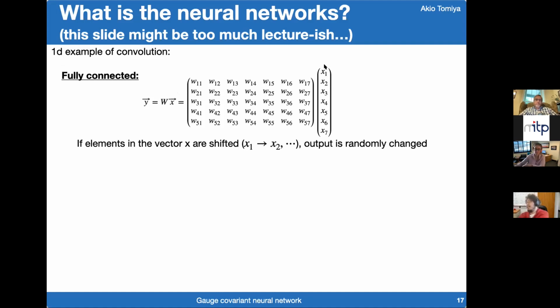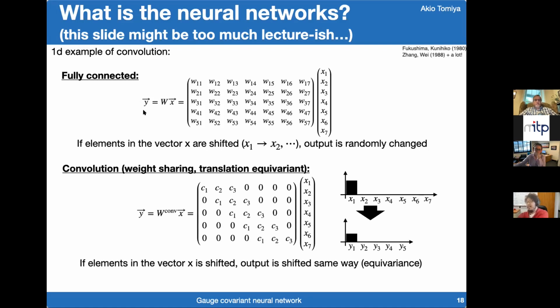One-dimensional data means just a vector: the input is a vector, and we get the output vector y, a 5-dimensional vector. If an element in the vector x is shifted, the output is randomly changed. No significant information can be extracted from y.